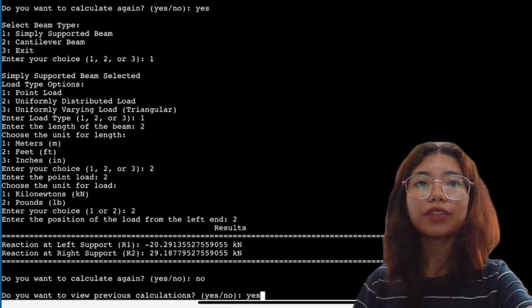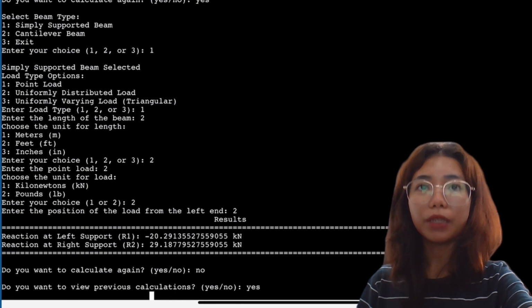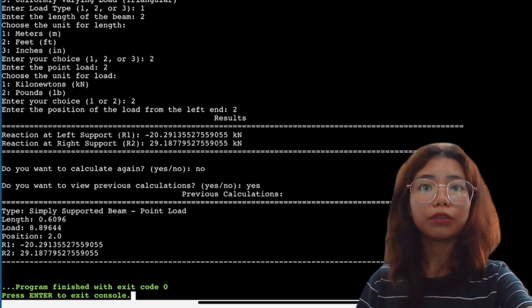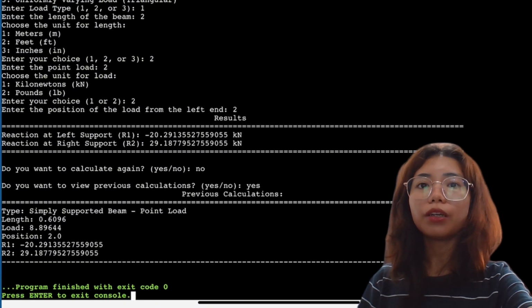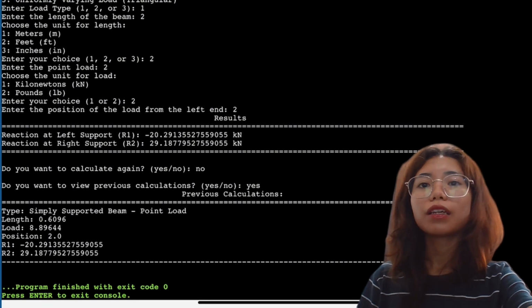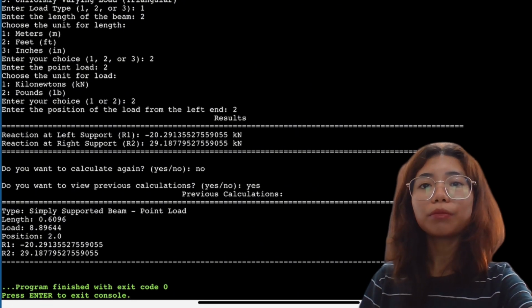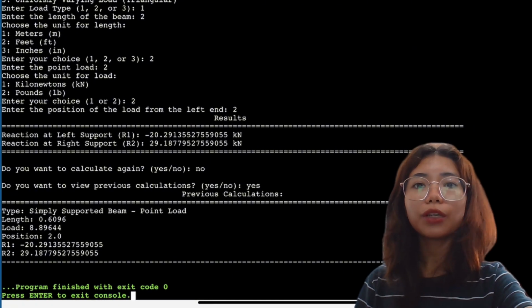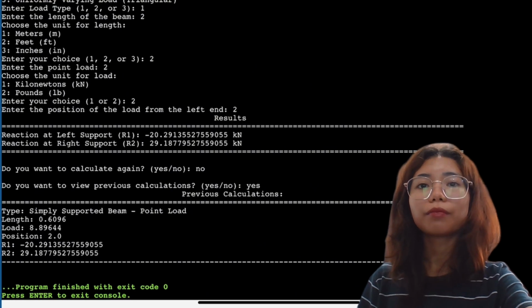If the user previously analyzed a simply supported beam with a point load, it would show beam type, length, load, position, reaction at left and right supports. Similarly, for cantilever beams, it shows beam type, length, load per meter, total load, moment at fixed end.